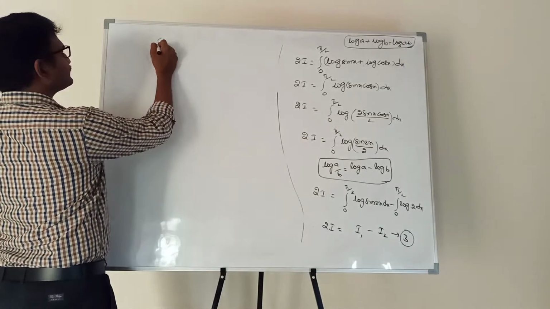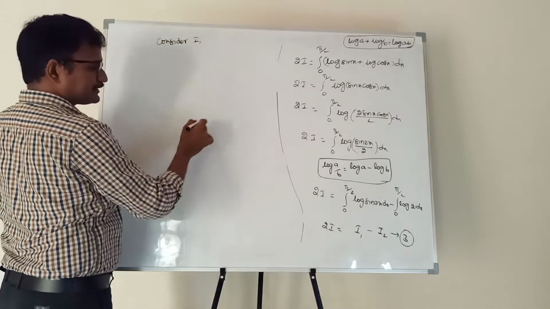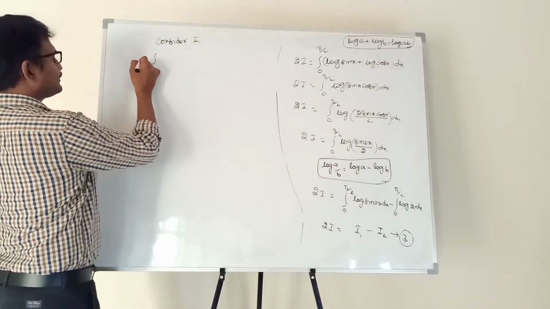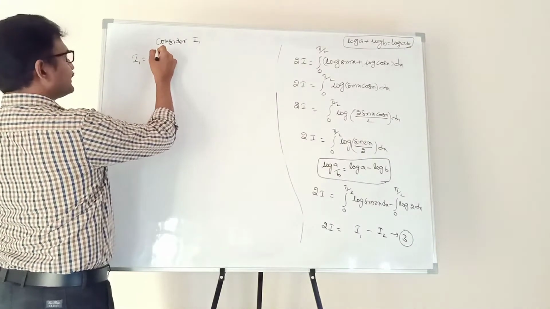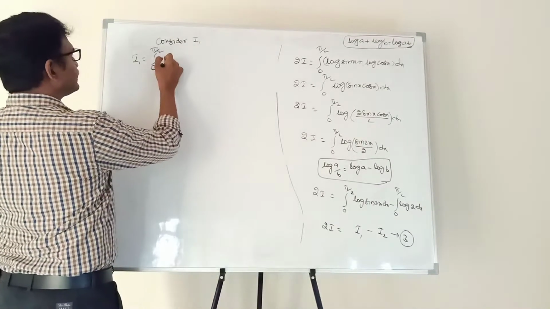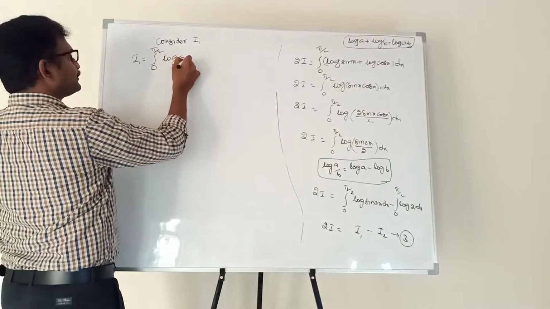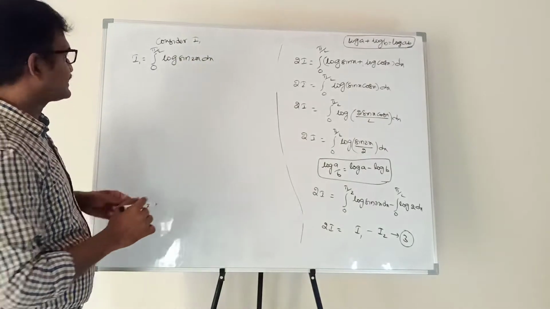Consider I1. I1 is equal to integration of 0 to pi by 2 log sin 2x dx.